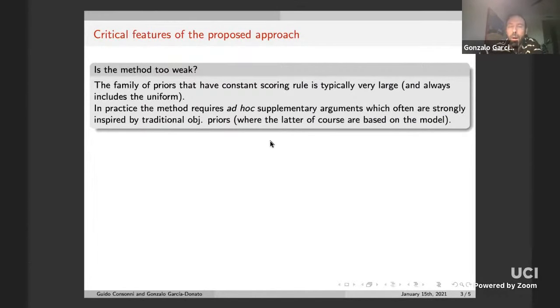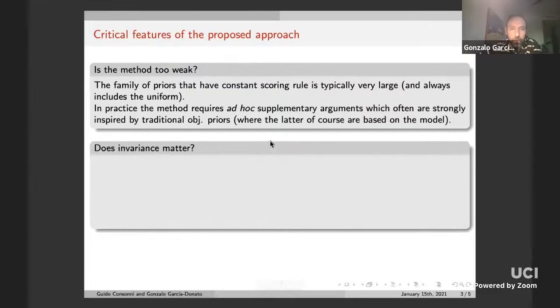So this method requires, as you were saying, ad hoc supplementary arguments to construct a particular prior. And in many cases, which is quite surprising as well, some of the arguments are based on the traditional objective priors, which of course depend on the model being used.